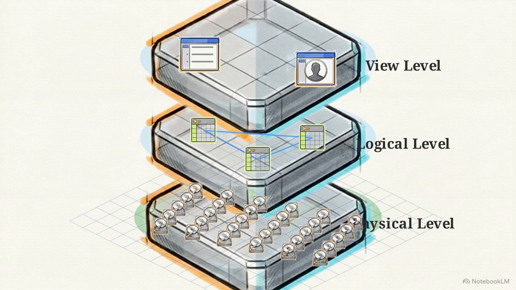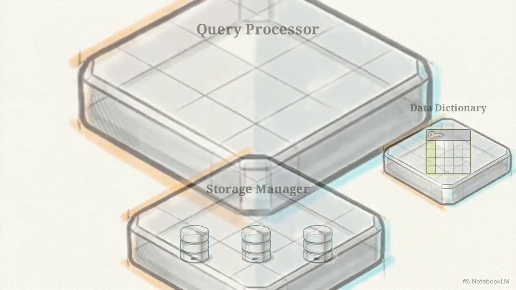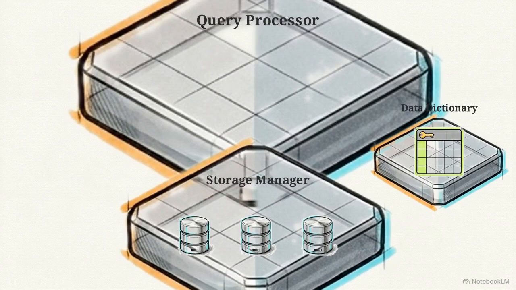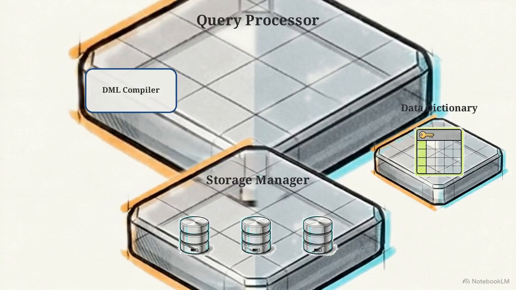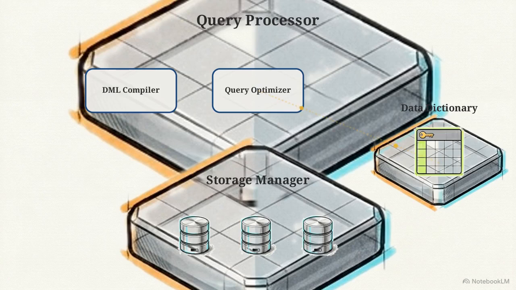This flowchart maps the internal architecture of the DBMS engine, showing how declarative requests are processed. When a user submits an SQL query, it first enters the query processor, where the data manipulation language compiler translates the high-level request into machine-readable instructions. Because there are multiple ways to retrieve the same data, the query passes to the query optimizer.